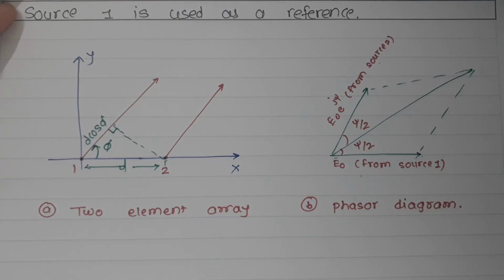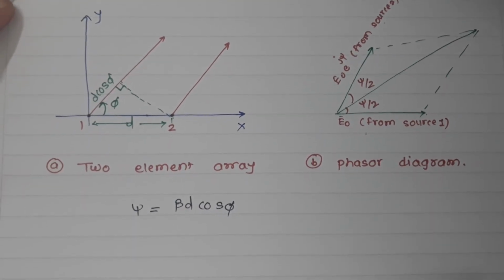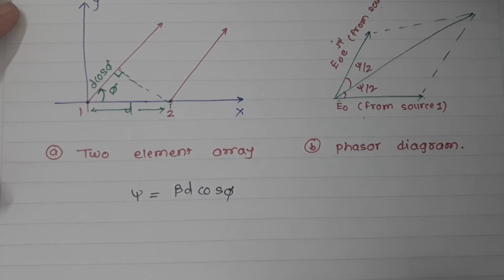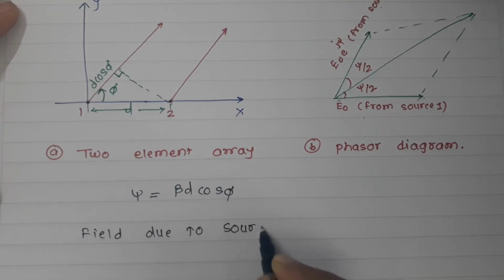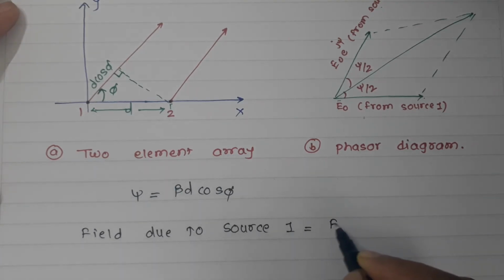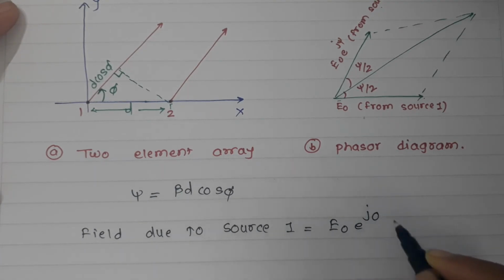Here, as in the previous discussion, the total phase shift, or you can say the phase difference psi, is equal to beta d cos phi. Now the source 1 is used as a reference. The field due to source 1 is equal to E0 e raised to j0, which is nothing but E0.